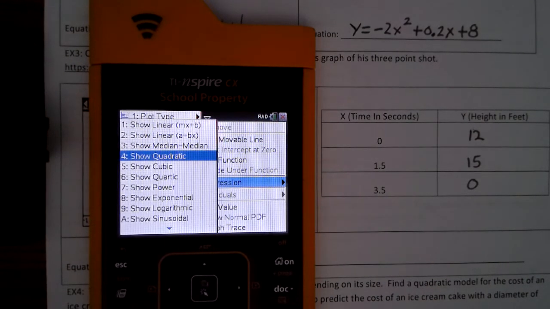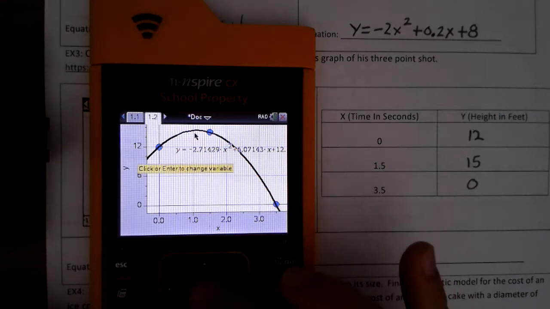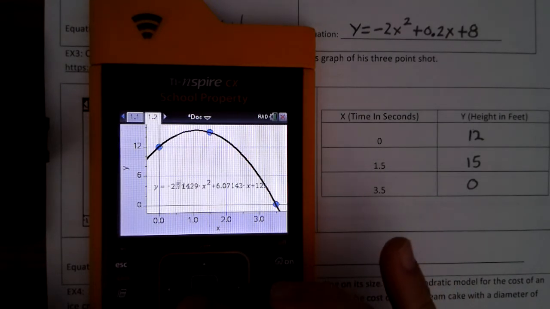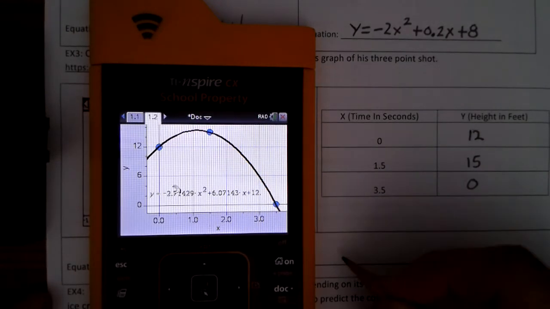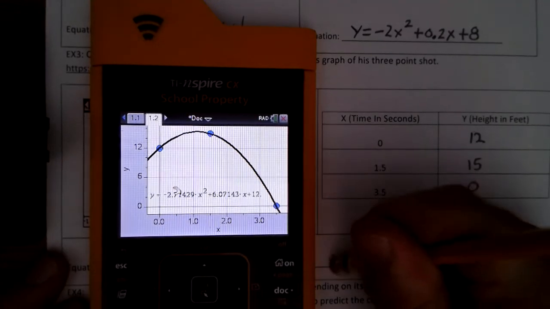Pause for a minute. This is about to be exciting. We're going to find the actual mathematical equation to Steph Curry's beautiful three-point shot. And ta-da, there it is. Now, we're going to round each number to 3 decimal places, okay? So his equation is y equals, and actually instead of y, I'm going to use h for height.